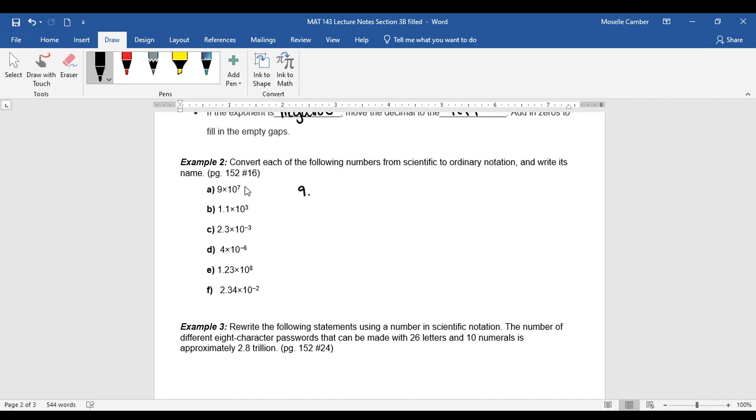I want to move it to the right 7 because this is positive. So I go 1, 2, 3, 4, 5, 6, 7. And I'm going to fill in all of these gaps with zeros. So if I add in commas, I have one here, one here. So this means it is 90 million.